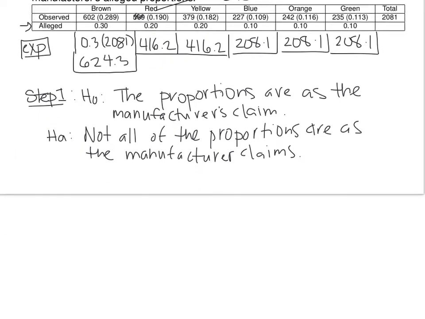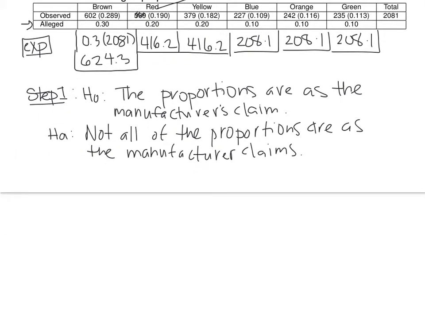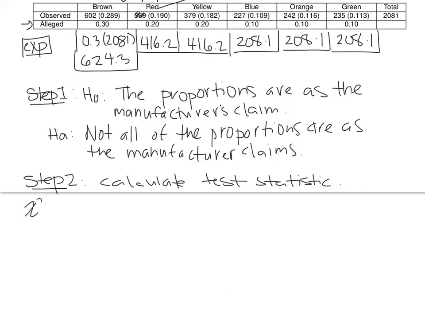Next, we need to calculate our test statistic. This is the biggest step. So calculate the test statistic. So chi-squared, remember that's the sum of observed minus expected, squared over expected.